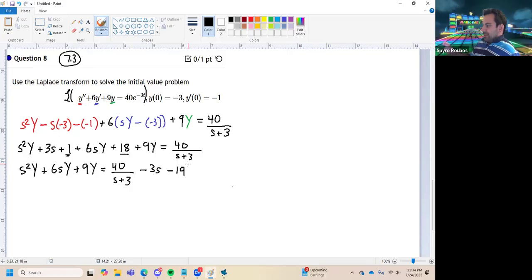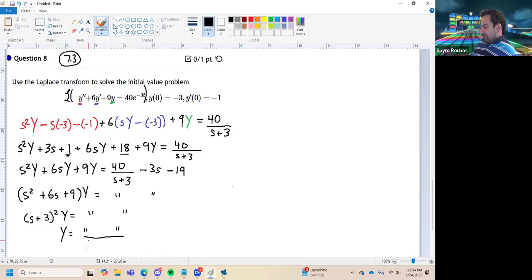Finally, pull out the Y. And then we want to factor what we have left. So this is s plus 3 squared. Technically speaking, we don't need to factor and it doesn't really matter. Solve for Y, it's that same thing all over s plus 3 squared.